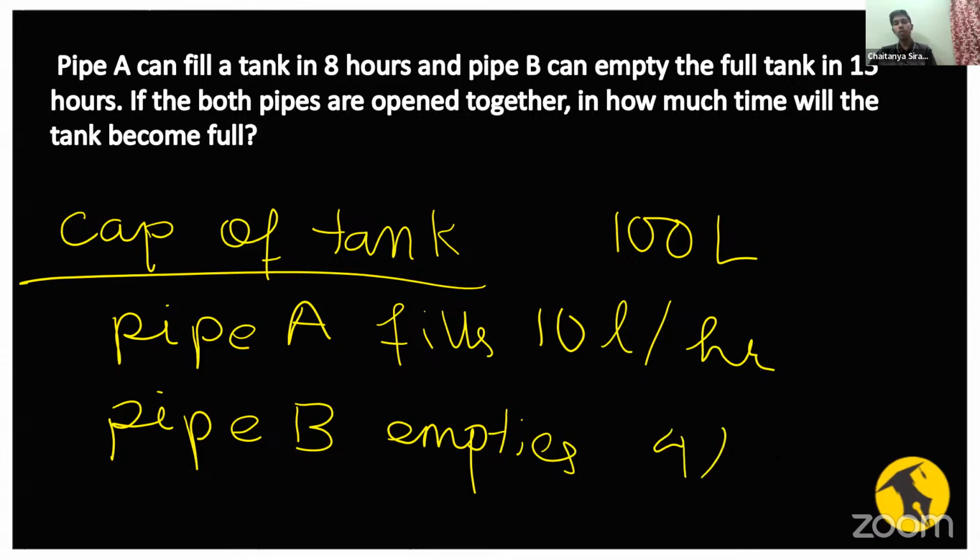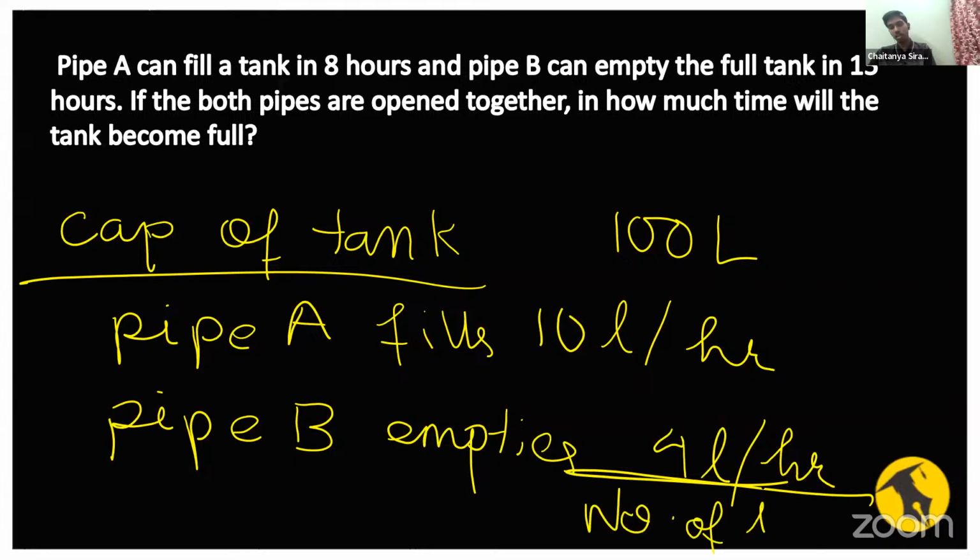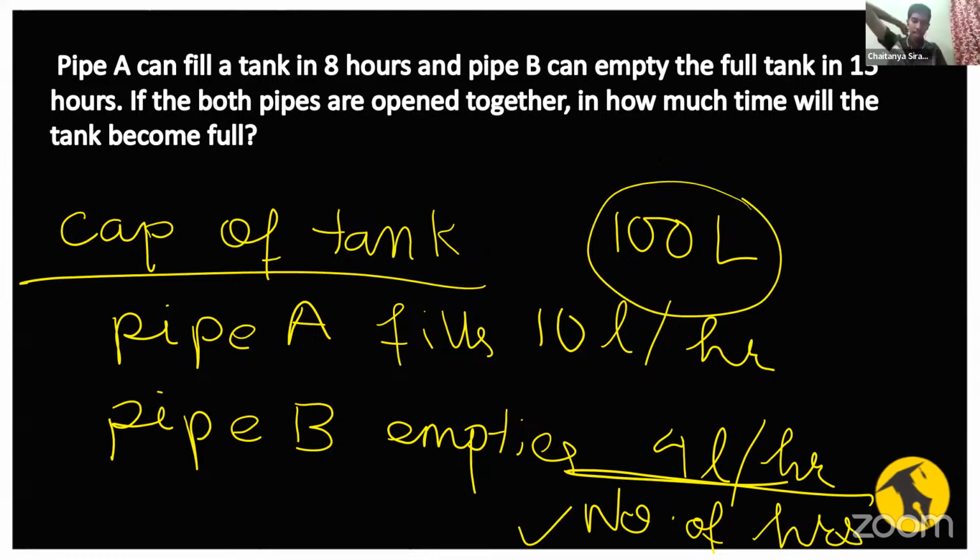So you can find how many hours are required. If they have given you the number of hours, the capacity can be asked instead. If you have any 3 out of these 4, you can easily find out the fourth value.